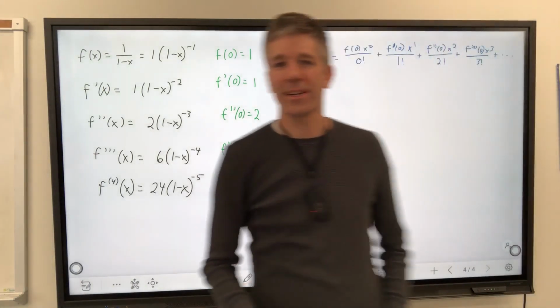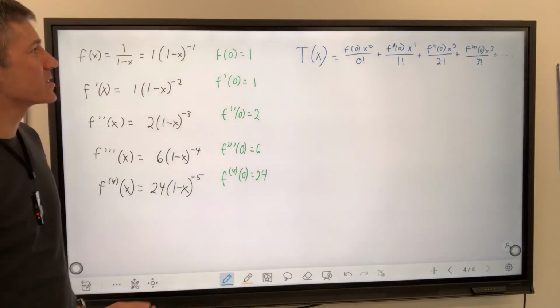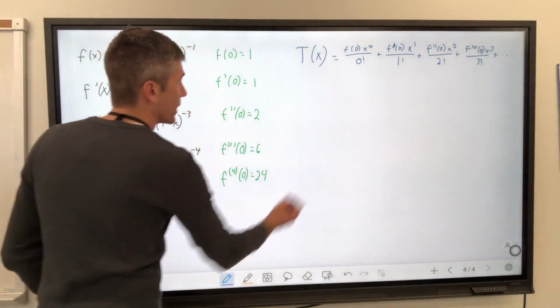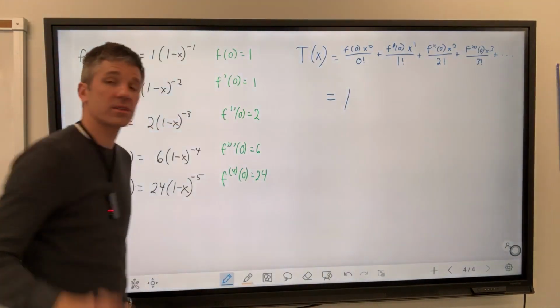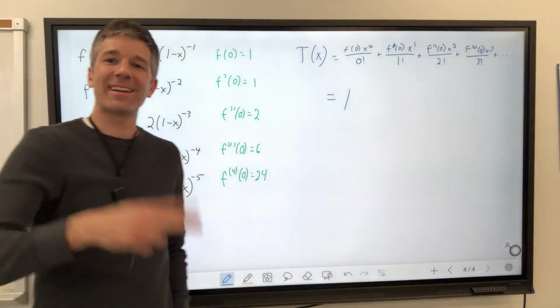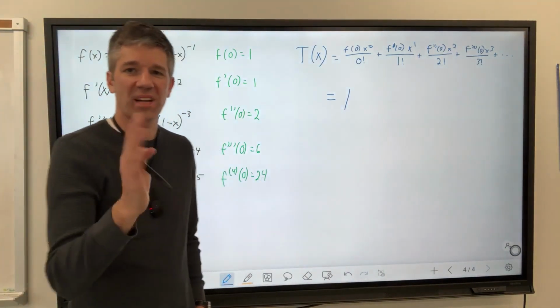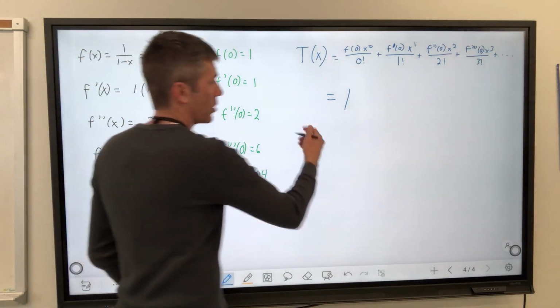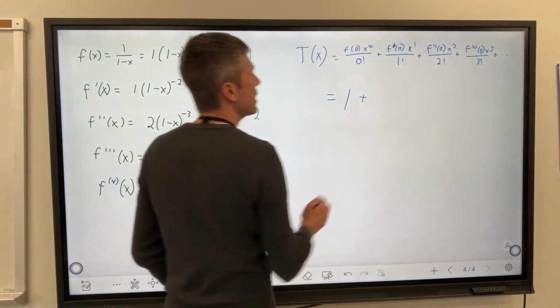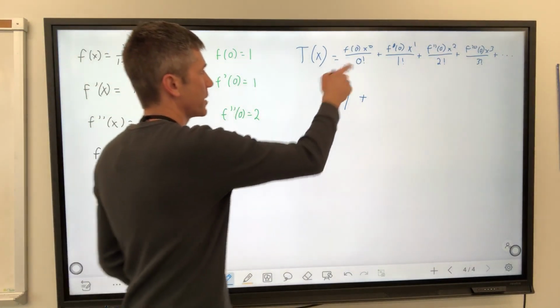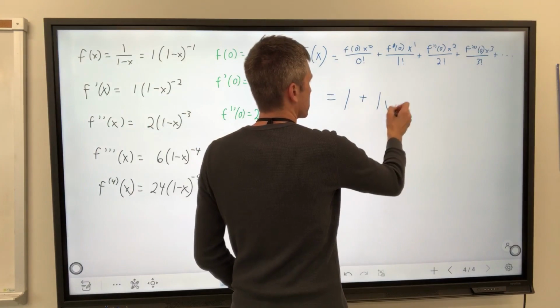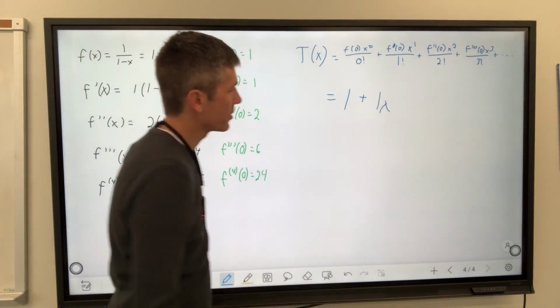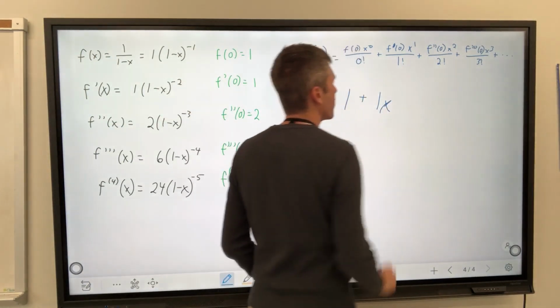Okay, really exciting. We're going to plug in some numbers, and when we do, we get 1. Okay, with cosine and sine, we had some 0 terms. Not here. So 1. F prime of 0 times x, so 1, x. I should write a little neater. How about that? There we go.